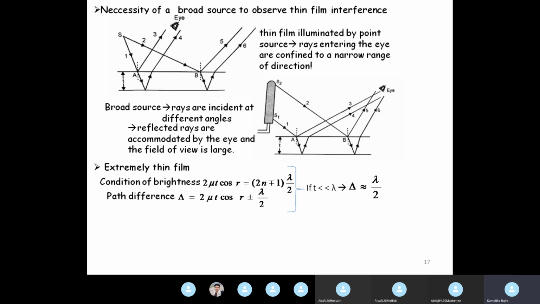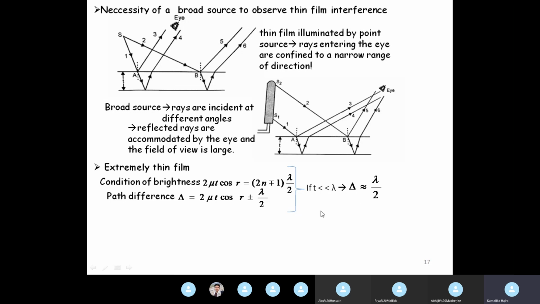Since so many things have been studied regarding thin films, if you now go to one such lab and try to see what happens in a film which is thinner than the wavelength of the incident light, then what will you see?